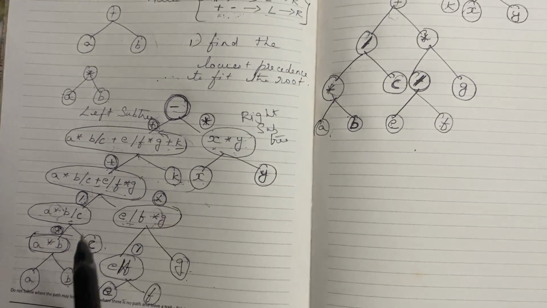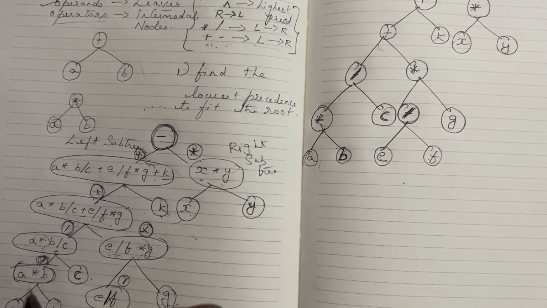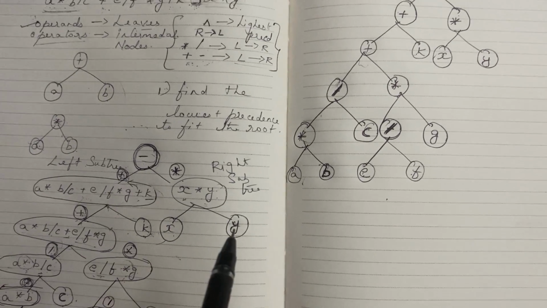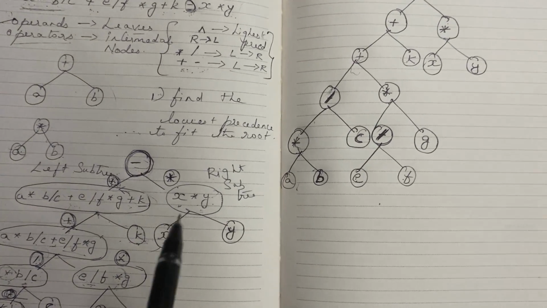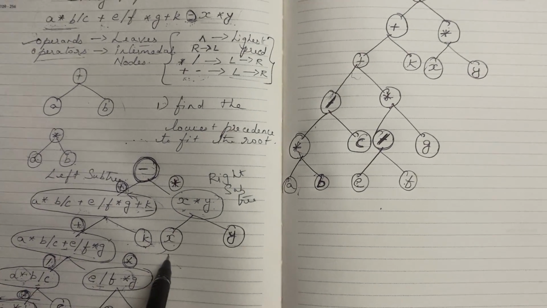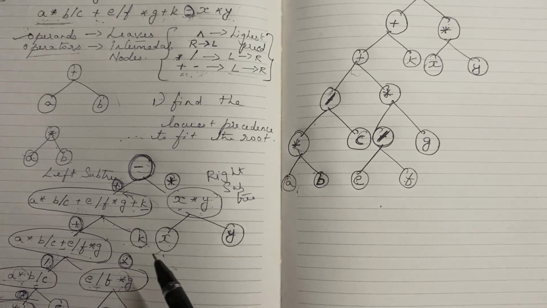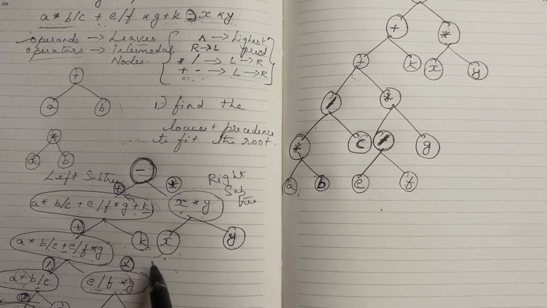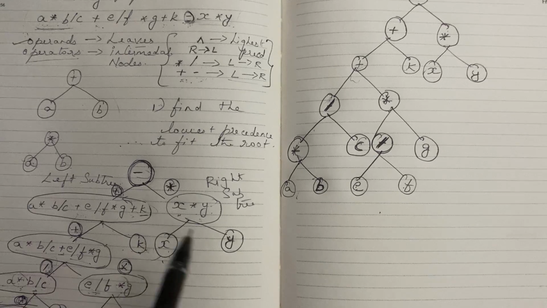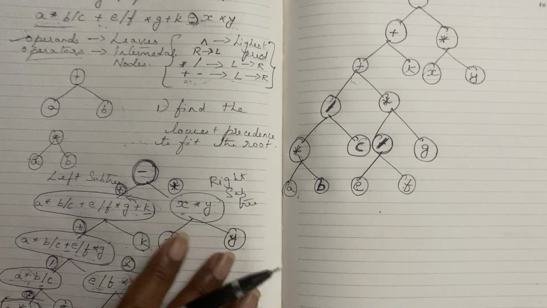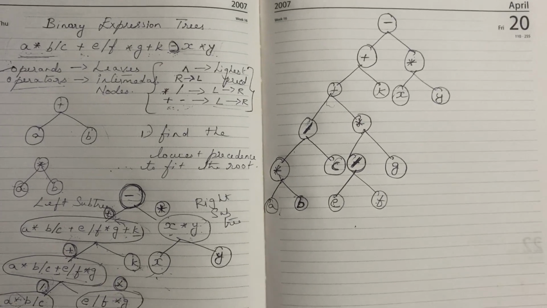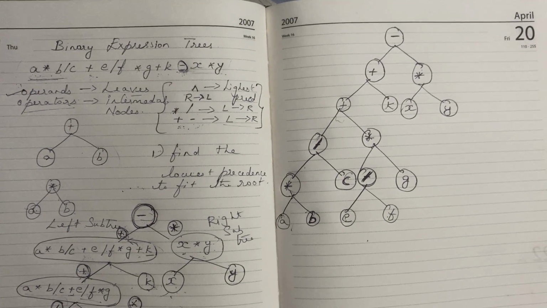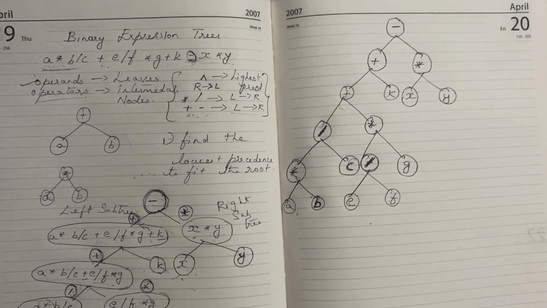Then after finishing with the left subtree, you go to the right subtree and finish the equation till you have the operands. Operands means your alphabets. When you have the operands at the leaf nodes, you stop. Until then you have to keep extending the expression tree. So you call this a binary expression tree.